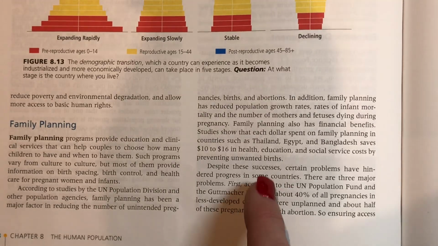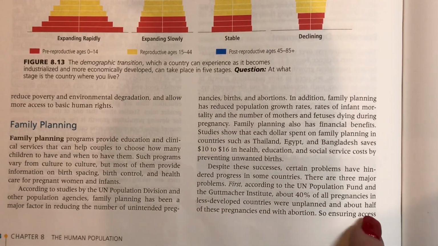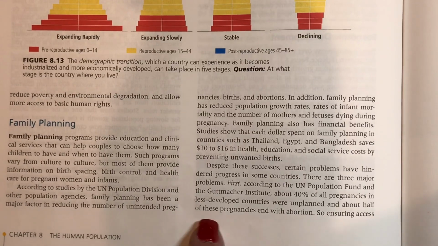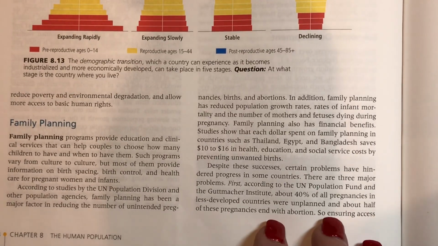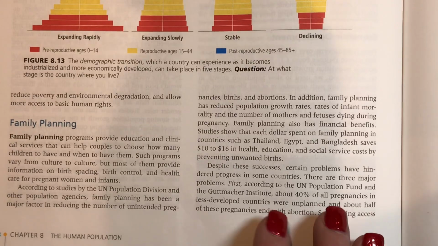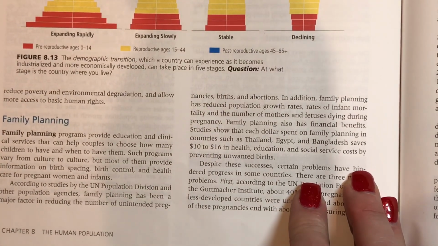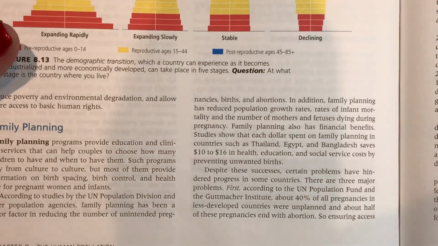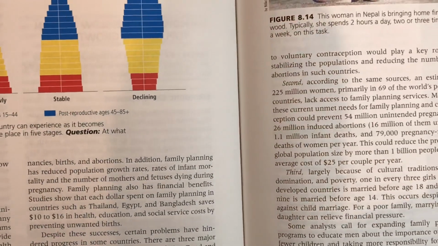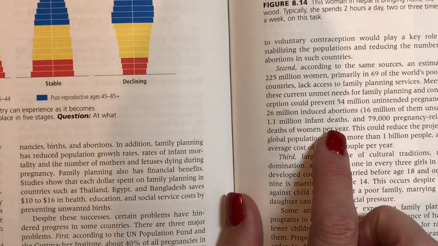Here, let's see if we can get through this stuff right here. About 40% of all pregnancies in less developed countries are unplanned. Again, you have to realize a lot of women do not have control over their fertility. Whether or not they get pregnant is determined by somebody else. A lot of times it's just flat out lack of access.